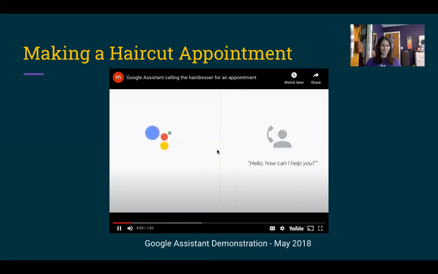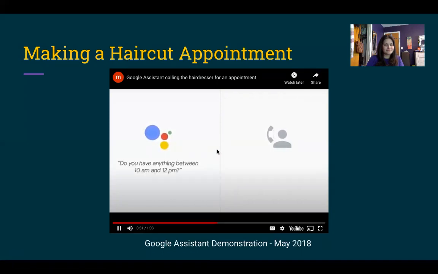How can I help you? Hi, I'm calling to book a woman's haircut for a client. I'm looking for something on May 3rd. Sure, give me 1 second. Sure, what time are you looking for around? At 12 p.m. We do not have a 12 p.m. available. The closest we have to that is a 1:15.